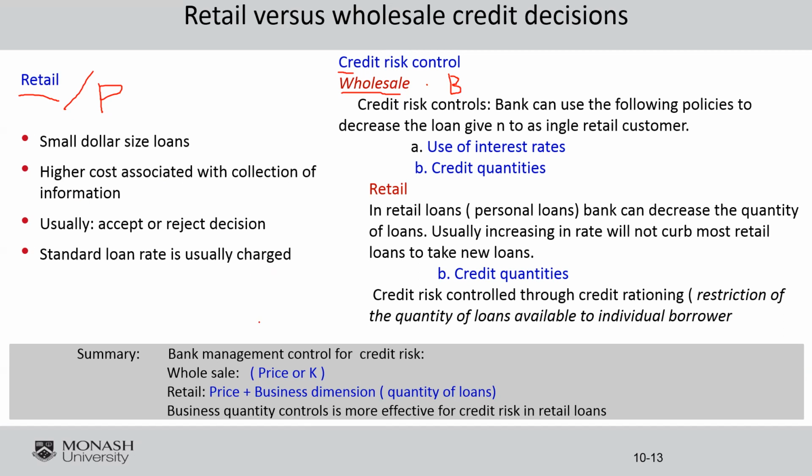Now, for wholesale, credit risk controls can be applied. If the bank wants to decrease the quantity of loans given to a business, which is a customer, this decreasing of the quantity of loans or applications by the customer will decrease our credit risk.